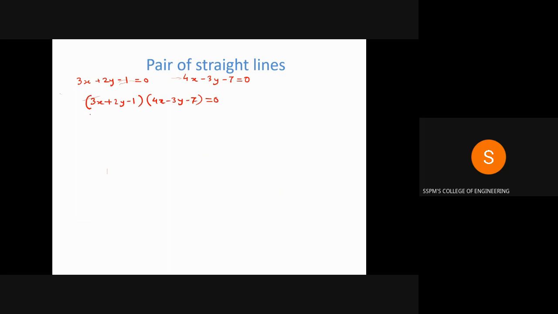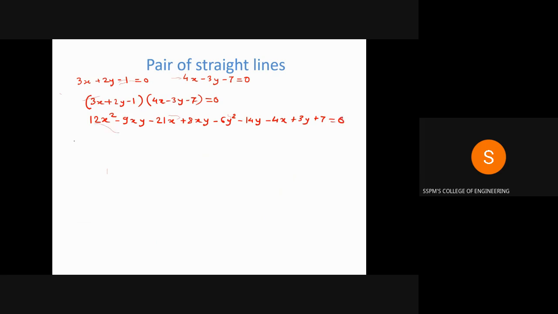What will be the product of them? It will be 3x into 4x, that is 12x square. If you multiply these brackets, you will get 12x square minus 9xy minus 21x plus 8xy minus 6y square minus 14y minus 4x plus 3y plus 7 is equal to 0.